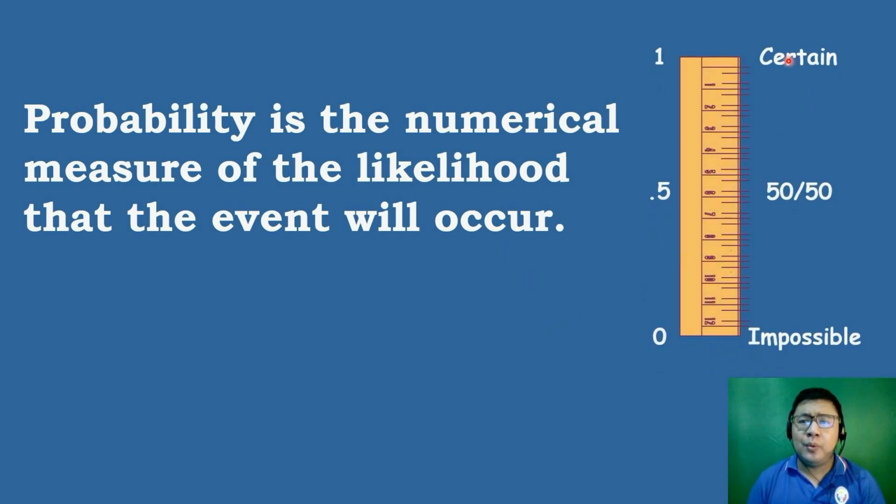And when the value of the probability is equal to 1, that is called certain probability. If the value of the probability is equal to 0.5, there is a 50-50 chance that the event will happen. And if the value of the probability is equal to 0, then the event occurring is impossible.